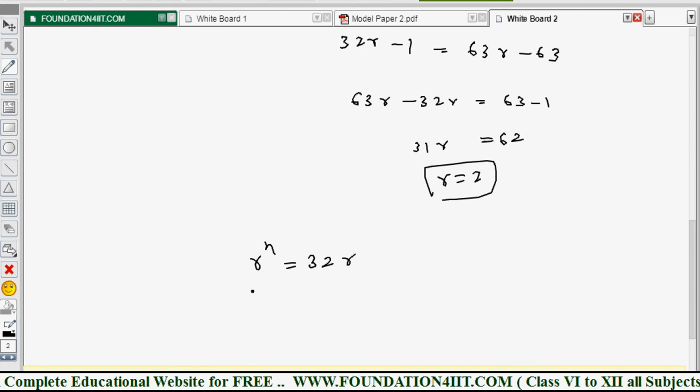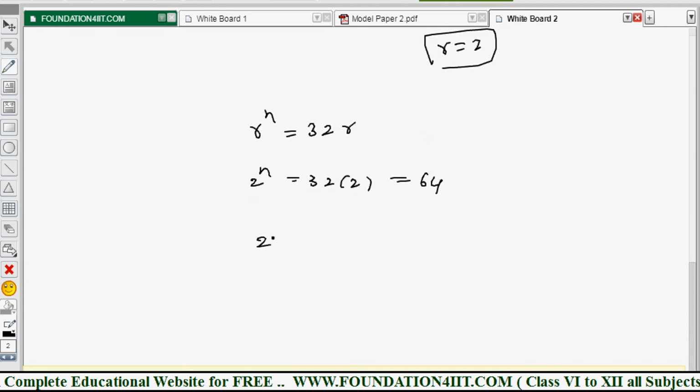So with R equal to 2, 2 to the power n is equal to 32 into 2, that is 64. When 2 power n is 64, 64 you can also write as 2 to the power 6. Then n is equal to 6. Hence the number of terms is 6.